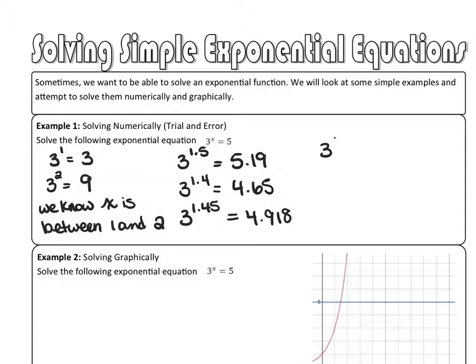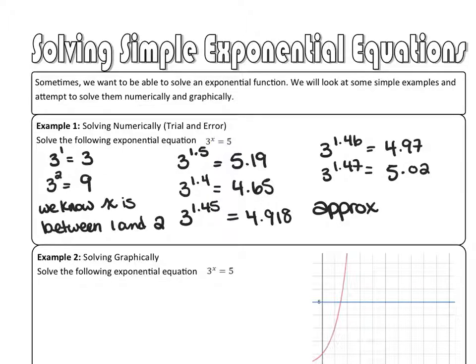So I'm going to go up 1 to 1.46: 4.97. So go up 1 more. And the idea is just to get as close as you can. And this one's 5.02. And so I would say the answer is approximately 1.47.